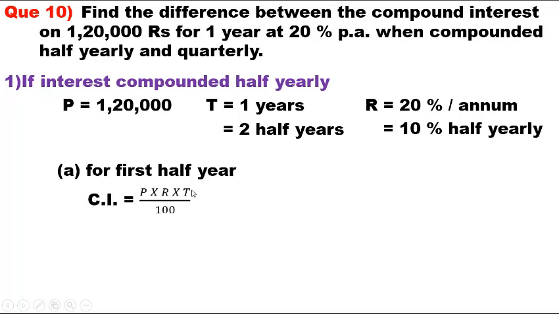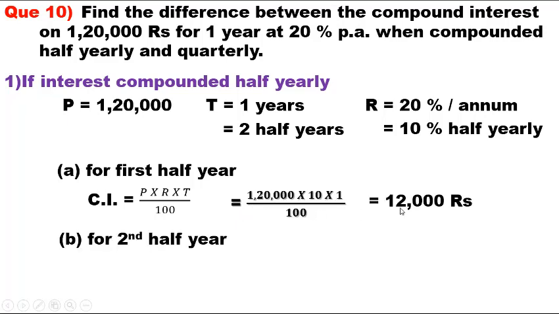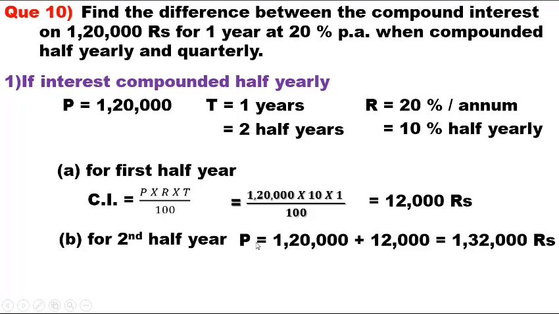For the first half year, CI is equal to P into R into T divided by 100 is equal to 1,20,000 into 10 into 1 divided by 100 is equal to 12,000. For the second half year, P is equal to 1,20,000 plus 12,000 is equal to 1,32,000 rupees.